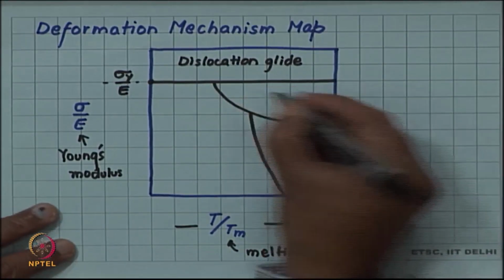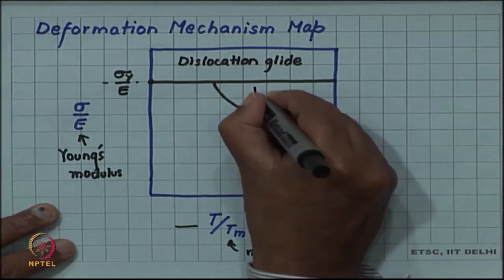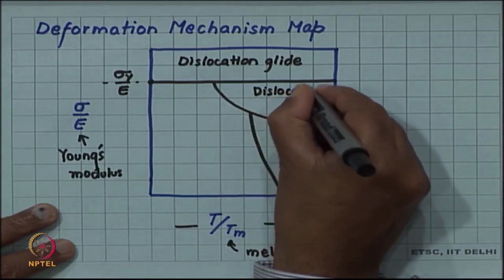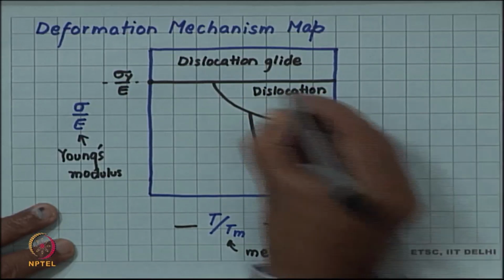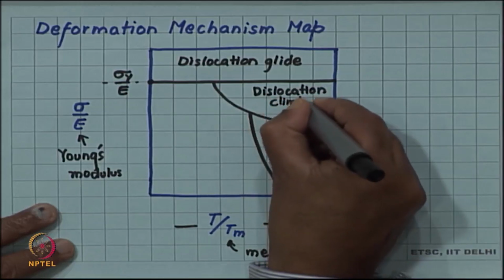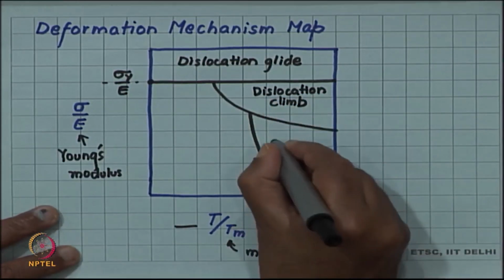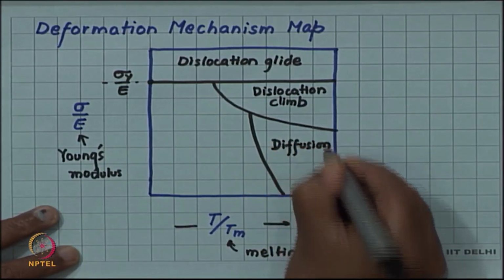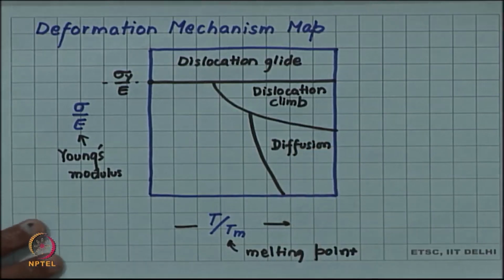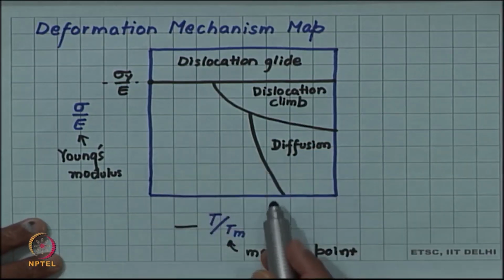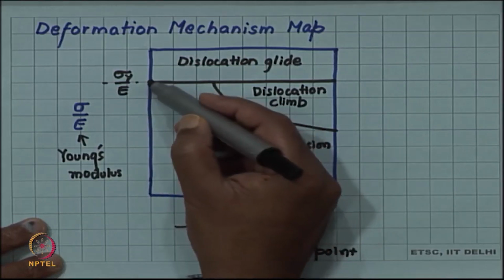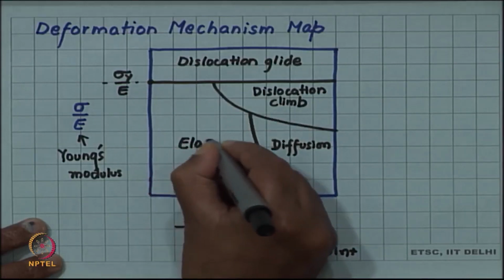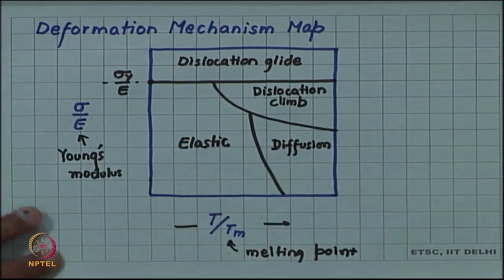The dislocation climb or dislocation based creep which we talked about is here, whereas diffusion based creep which we talked about is here. And in this regime, on the lower stress side and the lower temperature side, the deformation is still elastic. So, this is an elastic regime.